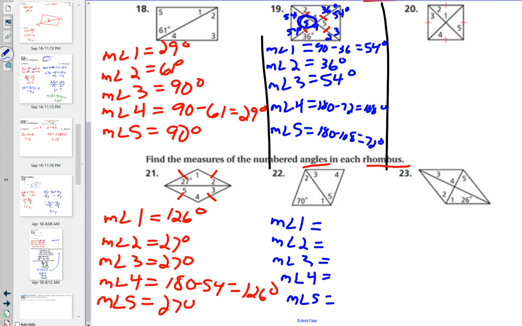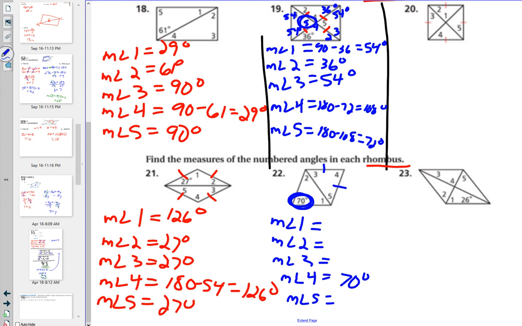Well, because a rhombus is a type of parallelogram, opposite angles are congruent. So that would make angle 4 70. I know that. And then because these smaller triangles are isosceles, if this, called the vertex angle, is 70, how many degrees do 1 and 2 have left to share evenly? 110, yeah, because on a triangle there's only 180.